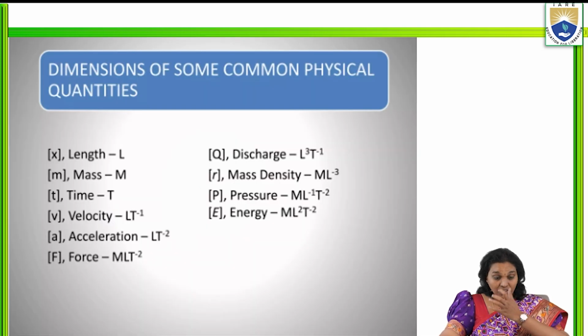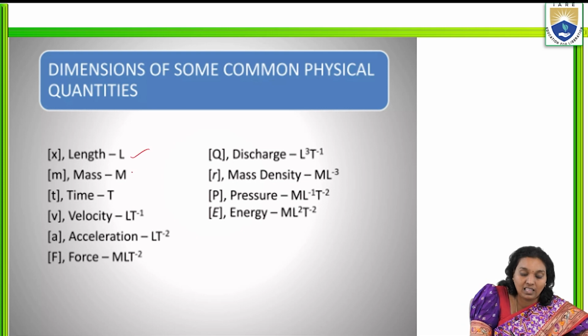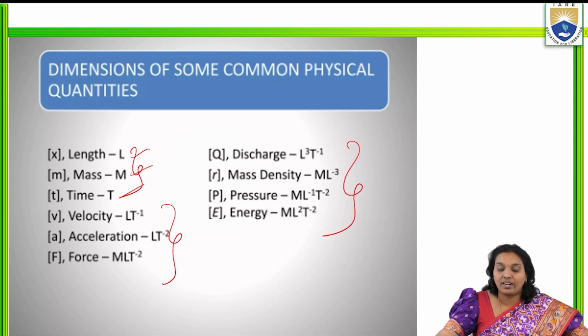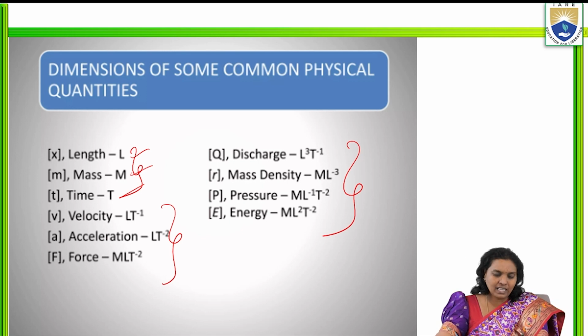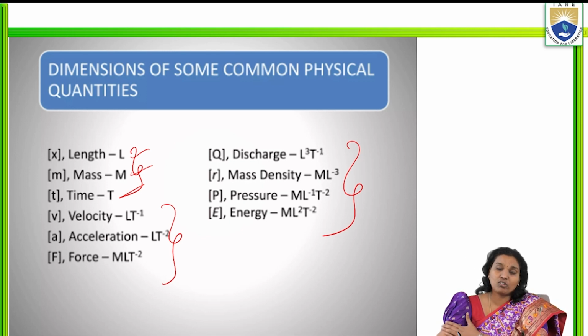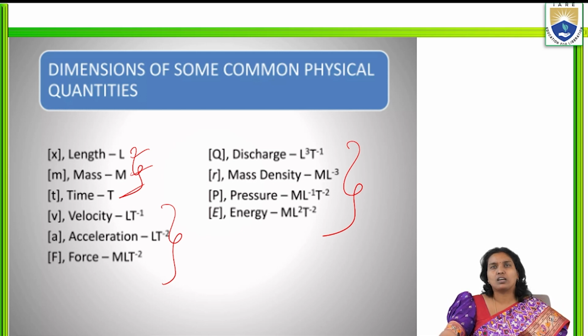Length, mass and time are the three fundamental quantities, and the remaining ones are derived quantities: discharge, acceleration, force, energy, velocity.